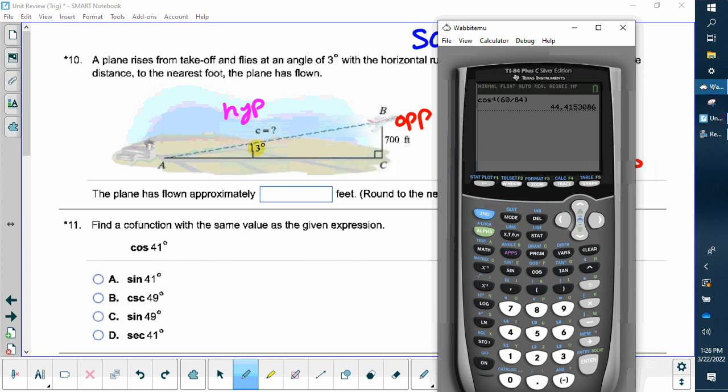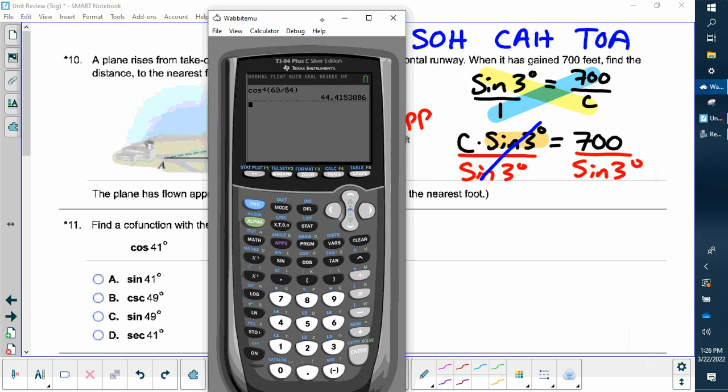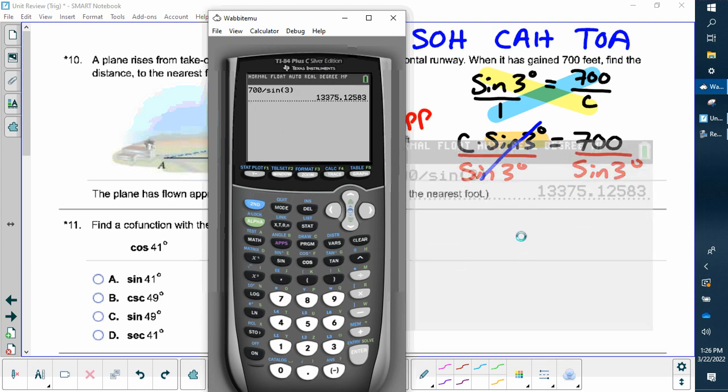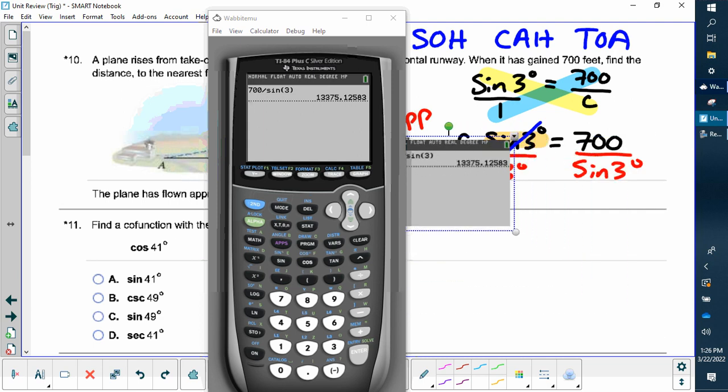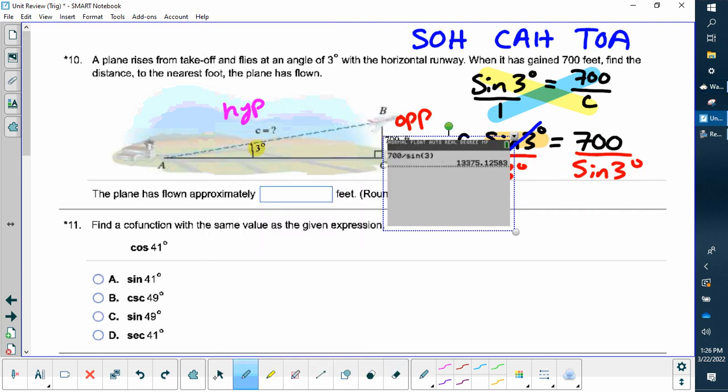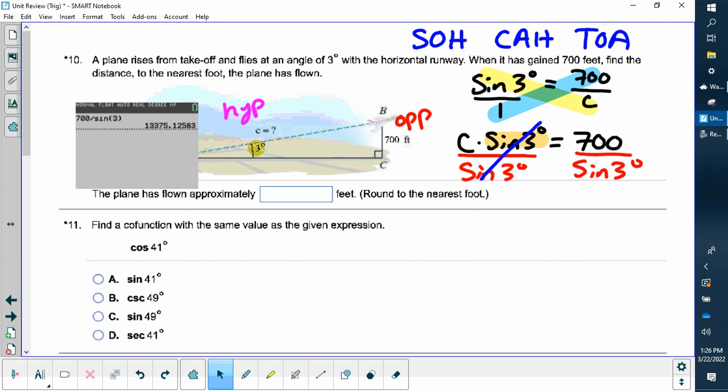So I'll get my calculator out. I'll move it over here. And I get 700 divided by the sine of 3. Enter. And I could probably slide it right there.